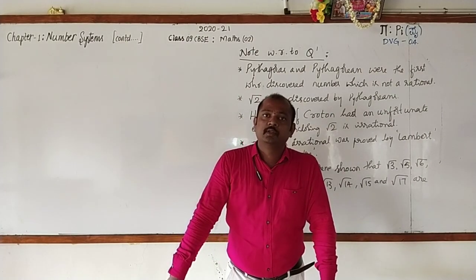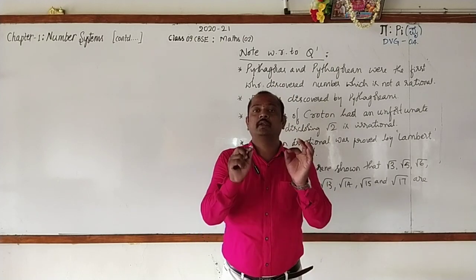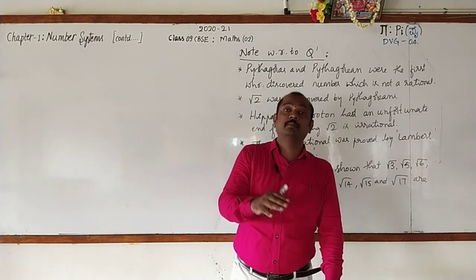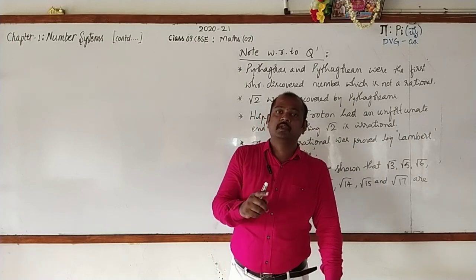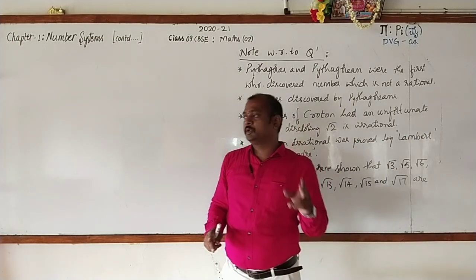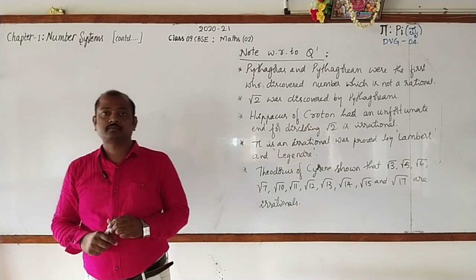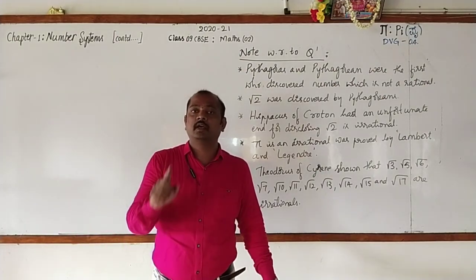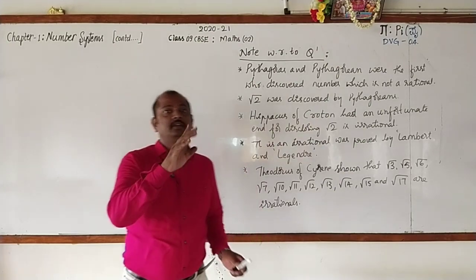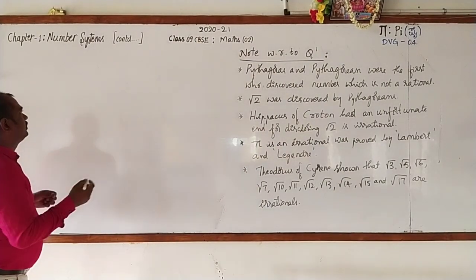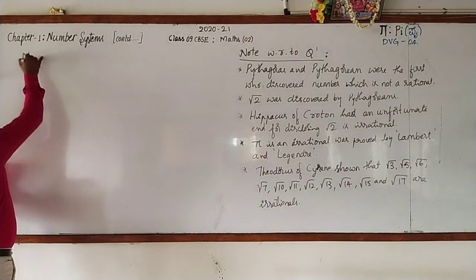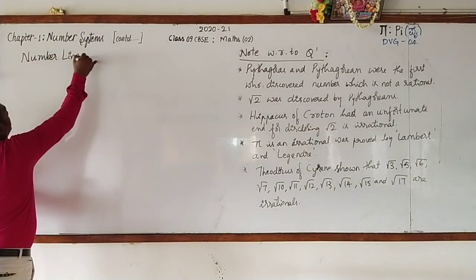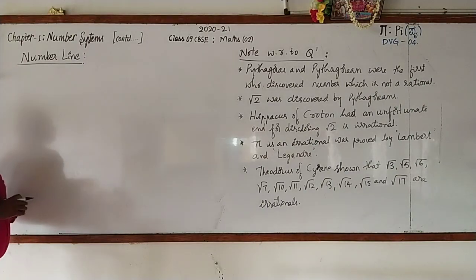Do you know the mathematicians who had given the concept of number line? Yes, there are two mathematicians. One is Richard Dedekind and another one is G. Cantor. Right, now let's move on to the concept called number line. Who has introduced this?